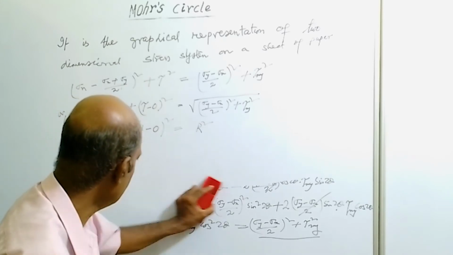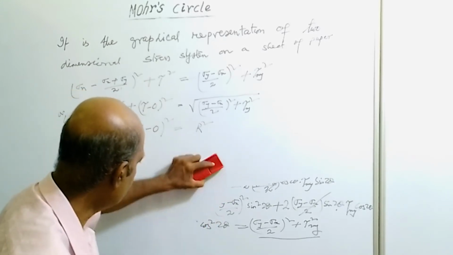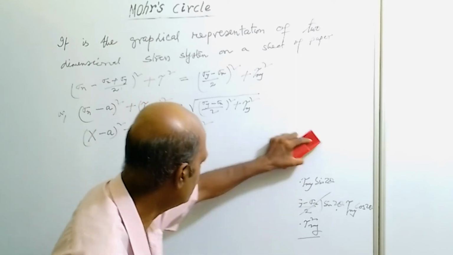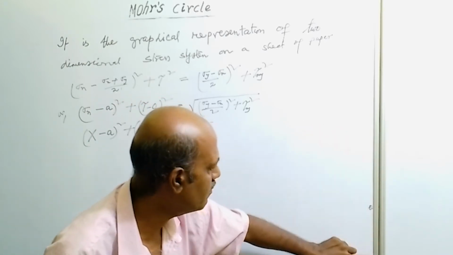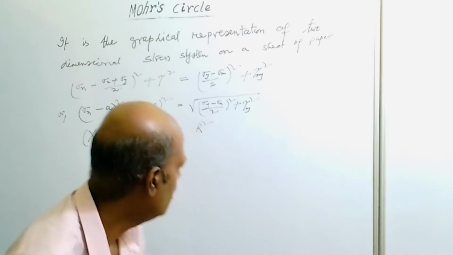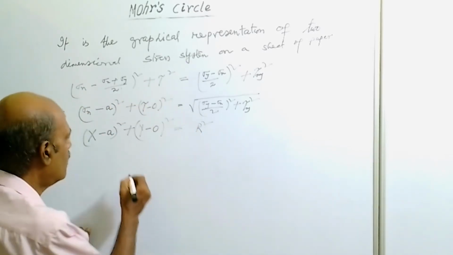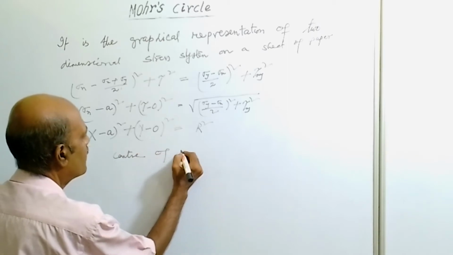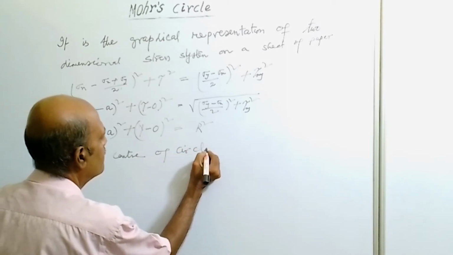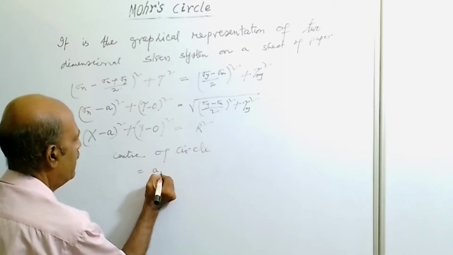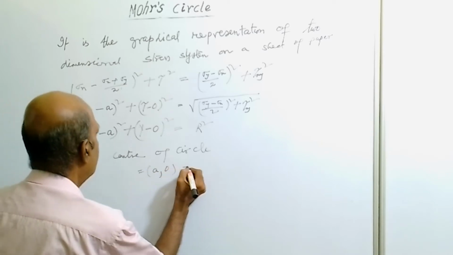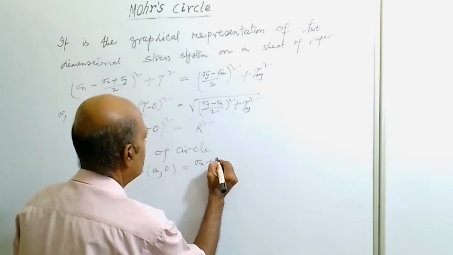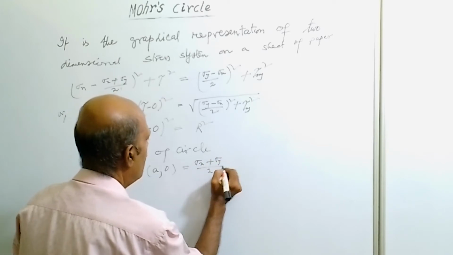So this is the equation of a circle where the center of the circle is given by (a, 0). So in the equation of a circle, the center of the circle is equal to (a, 0), that will be equal to ((sigma x plus sigma y) by 2, 0).